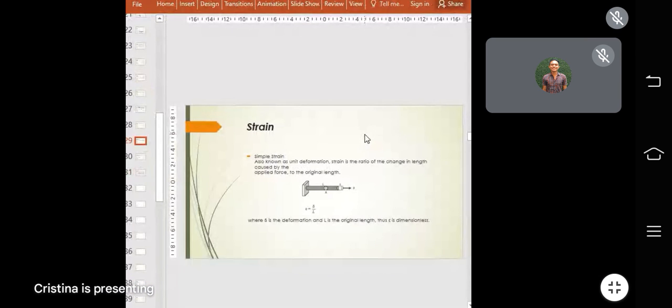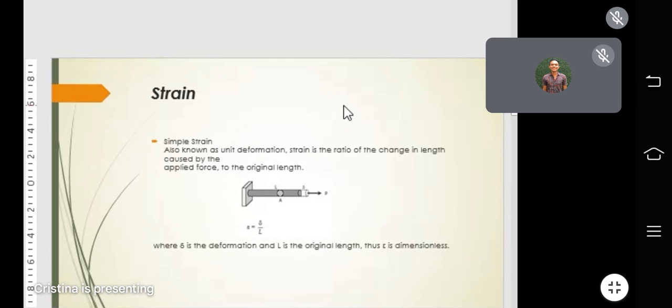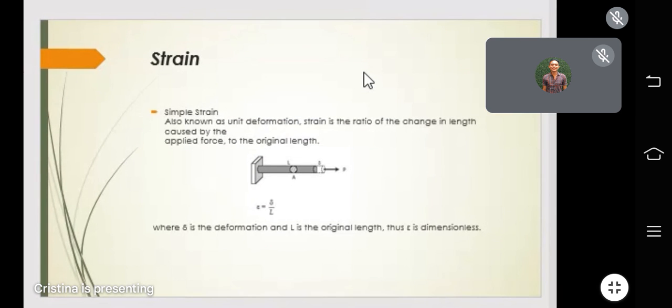Okay, so strain. Simple strain is also known as unit deformation. Strain is the ratio of the change in length caused by the applied force to the original length.